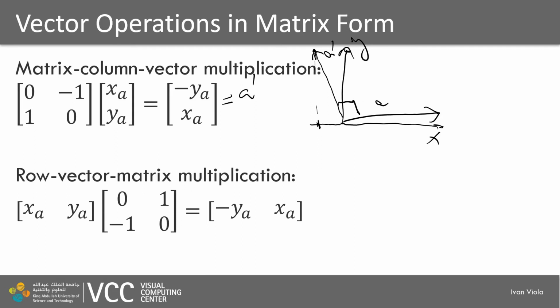So this matrix is an orthogonal matrix because it has both of these basis vectors, 0, minus 1, 0, if we are looking at them as row vectors, or 0, 1, and minus 1, 0.